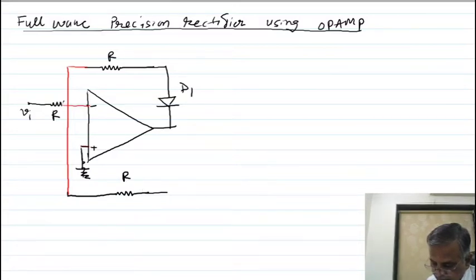Resistor R. Here I am connecting another diode like this.